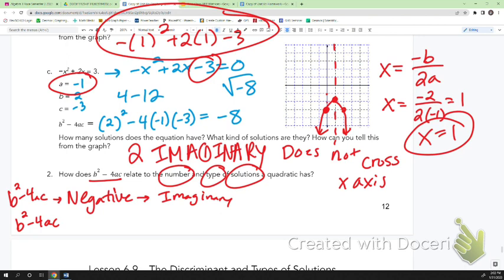What happened when b squared minus 4ac was positive? It was real. Real. What happened when it was 0? No solution. No, look at example B. It was one real solution. You ready for the quick notes?